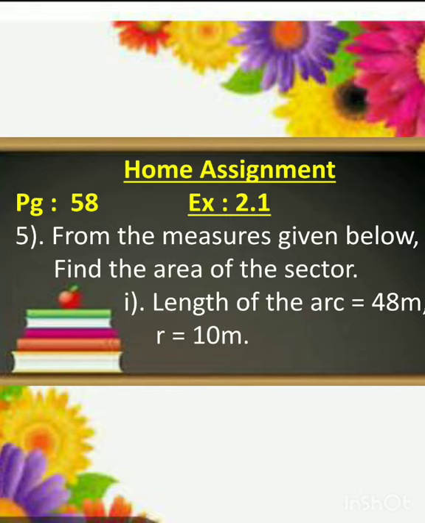Radius is 10 meter. So, length of the arc and radius is given. We are going to find out area of the sector. So L and R is given. A we are going to find out. So what formula will you apply? Area equal to LR by 2 square units. So you can multiply 48 into 10 divided by 2. Then you can cancel with the 2 table. You will get the answer.